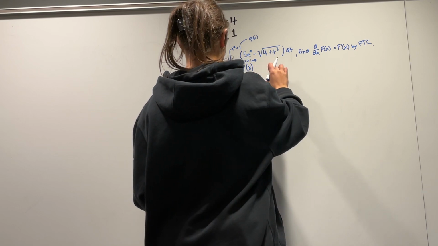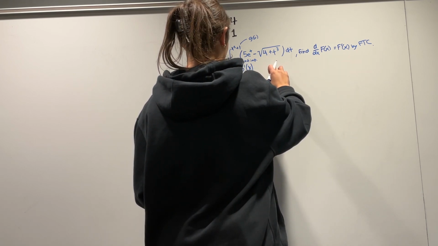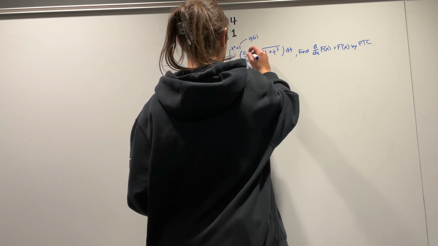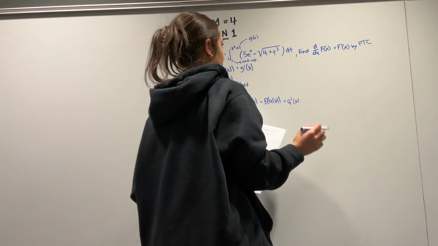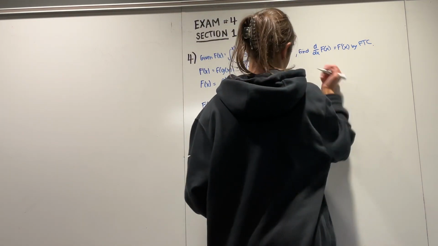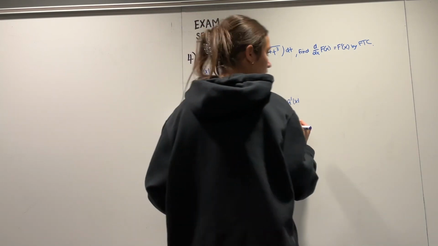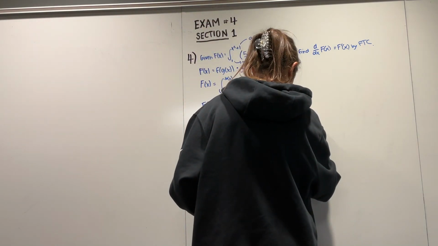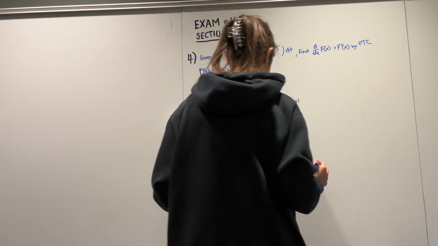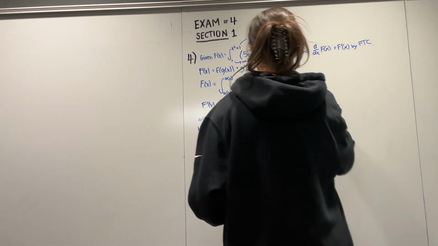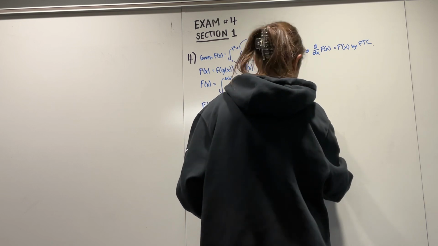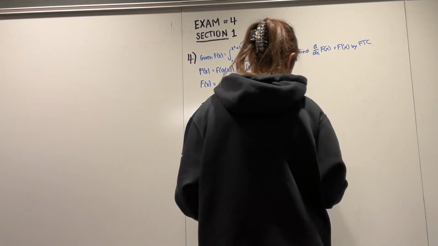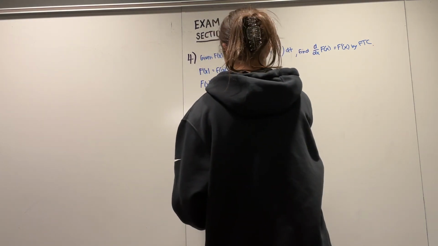Well, to find f prime, you're going to put in this for t. So f prime of x is going to be equal to, and you're going to keep the original 5e, but instead of t, we're going to do x squared plus 1.